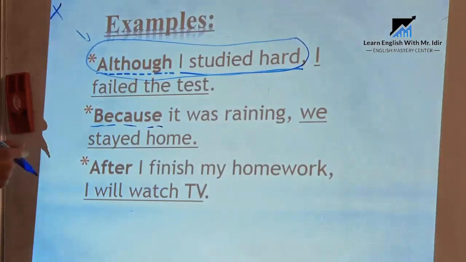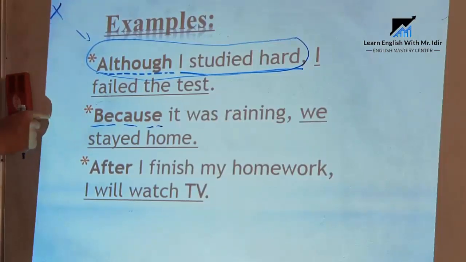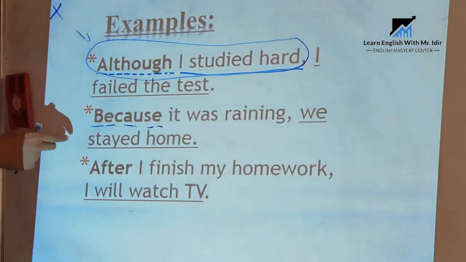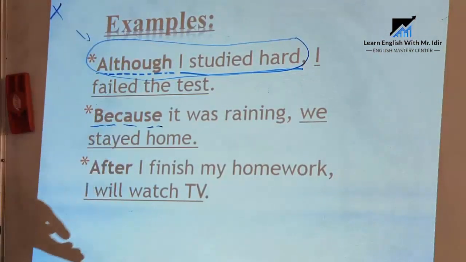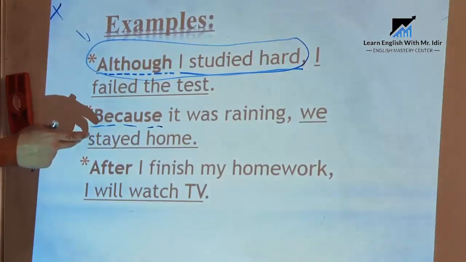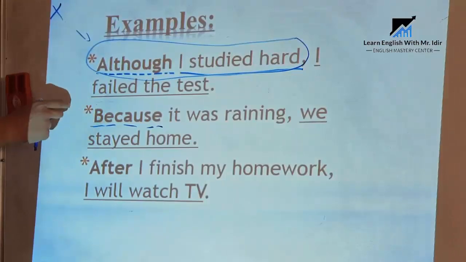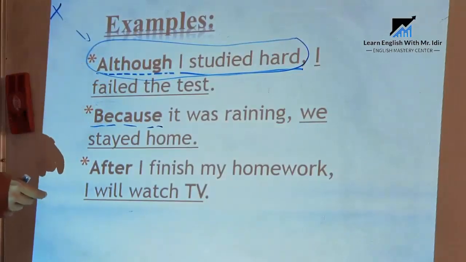However, be careful. An independent clause can also be in the first position. It is possible to say, we stayed home because it was raining, which is also correct. Here the independent clause came first, then the dependent clause.